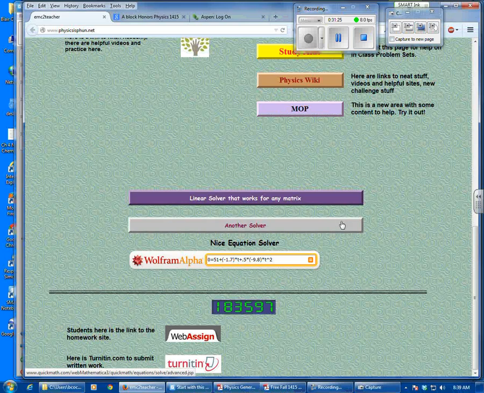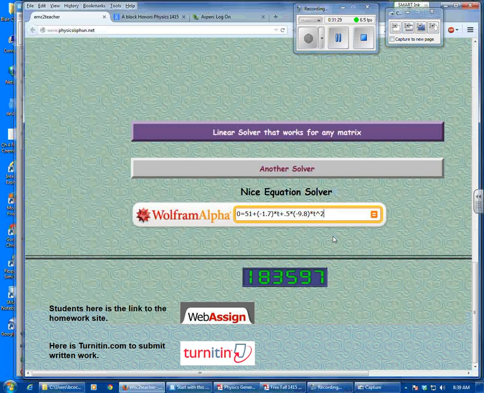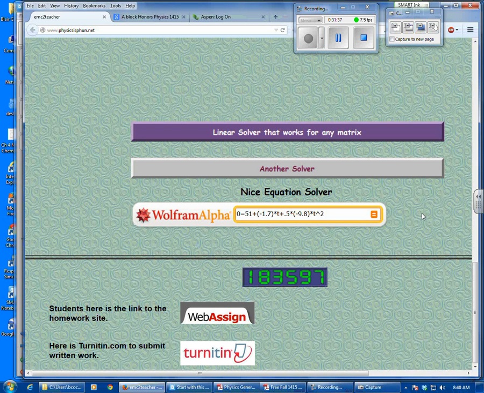So all I'm doing there is just typing in my equation that I have right here. And then I hit the equal sign.